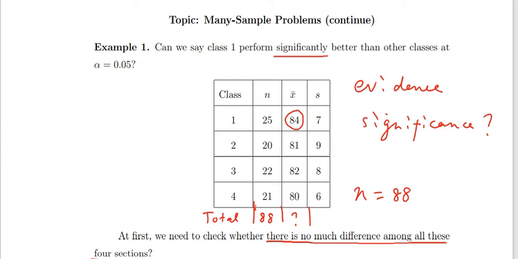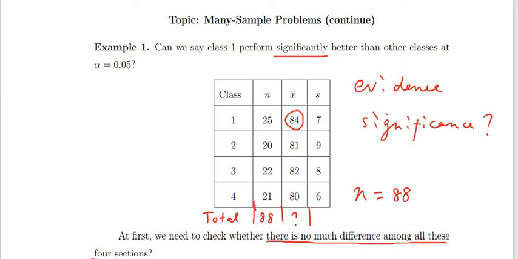Even though the data seems like class 1 performs badly, it looks bad, but actually it is not so bad.